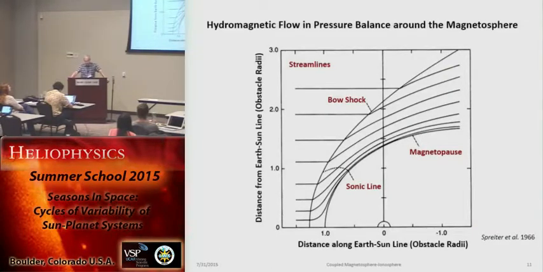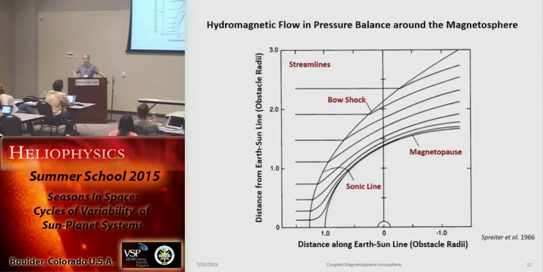And what you see here is a real calculation now, not a sketch of physical concepts. Back in the 60s, people were worrying about, okay, so where is the magnetopause? Can we predict it? And so Spreiter et al. used a model for the solar wind, and they specified a magnetic field model for the Earth.